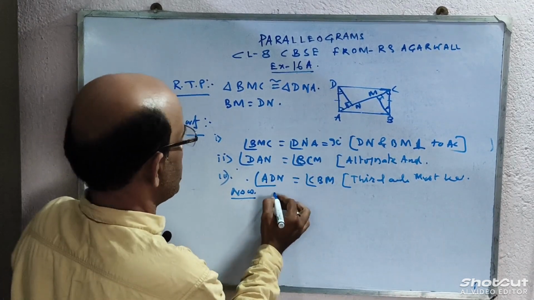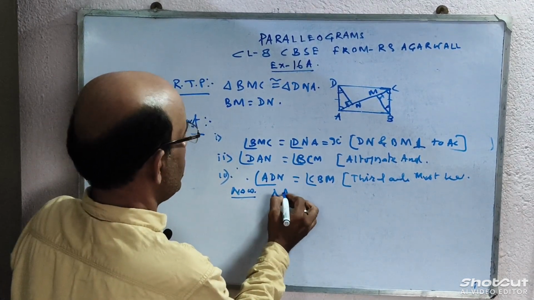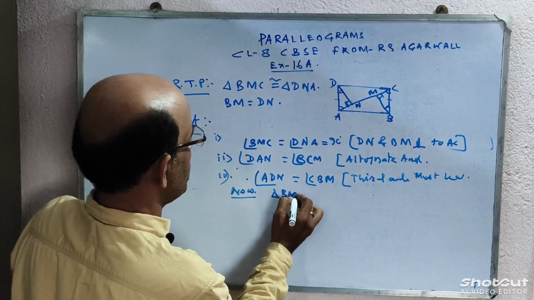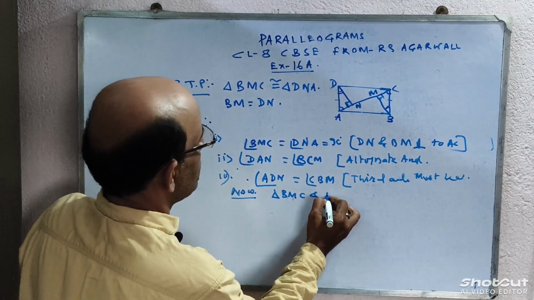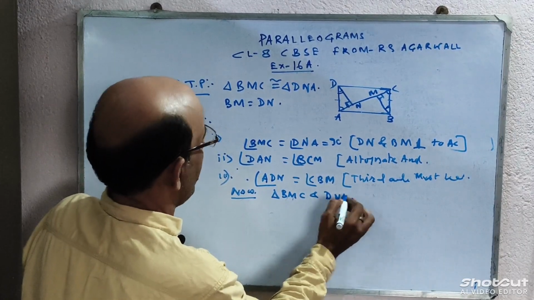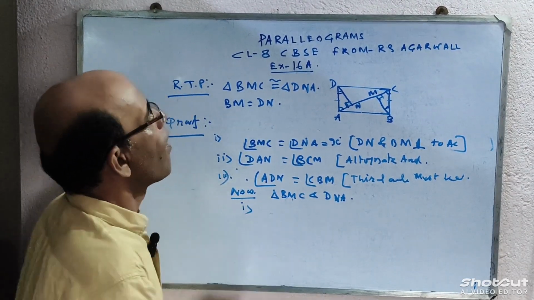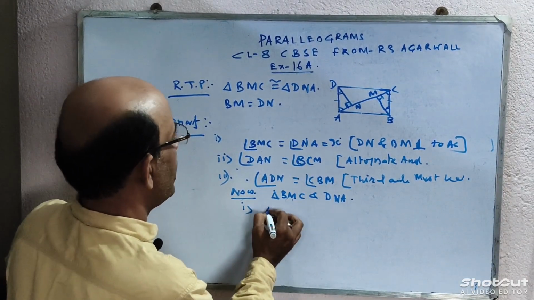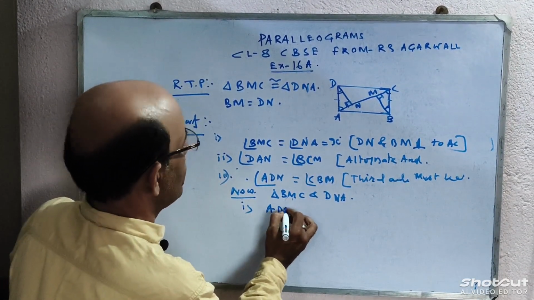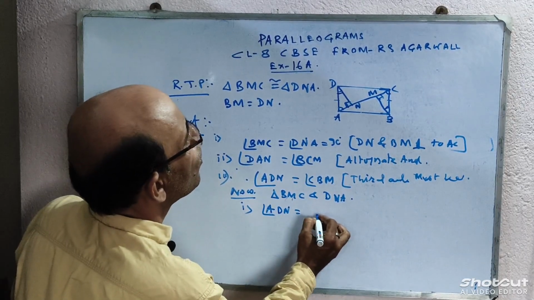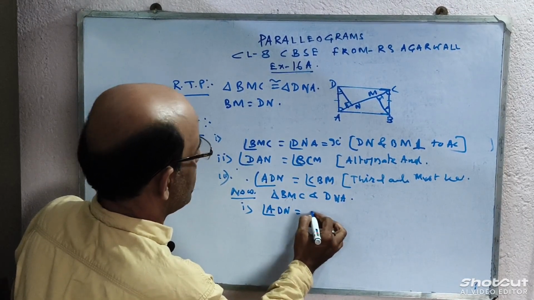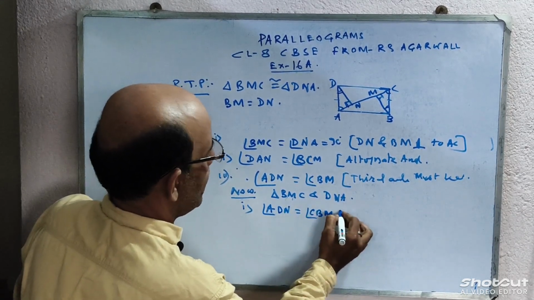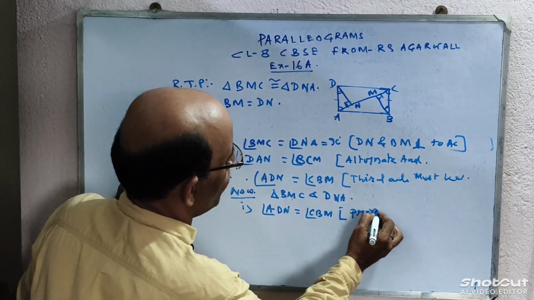Now in these two triangles BMC and DNA, number 1, angle ADN is equal to angle CBM. This is already proved.